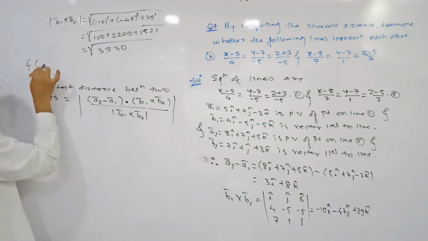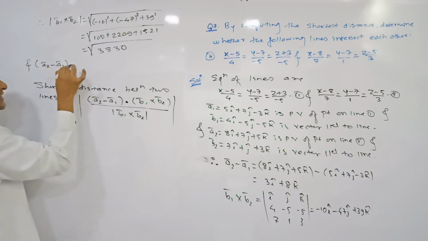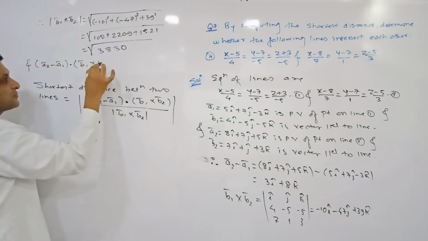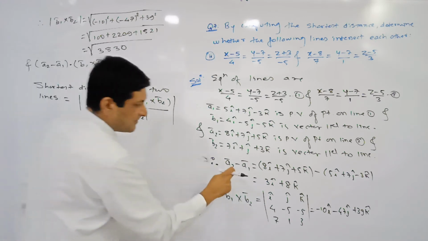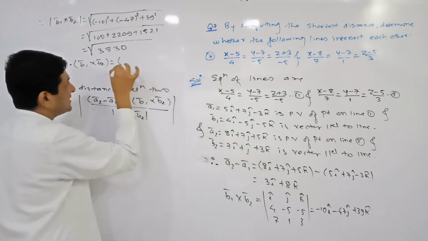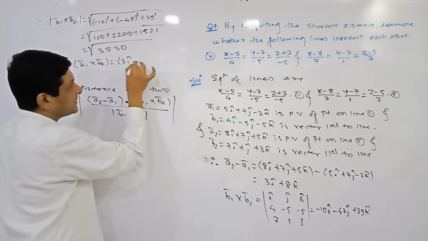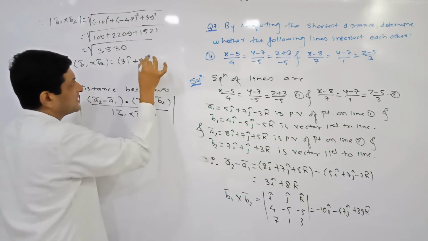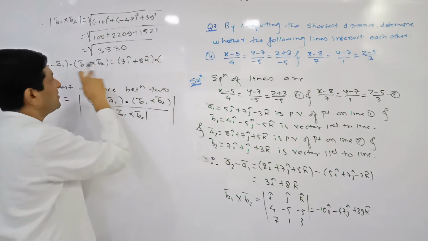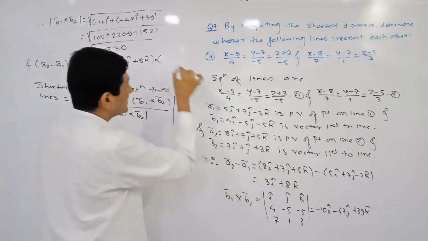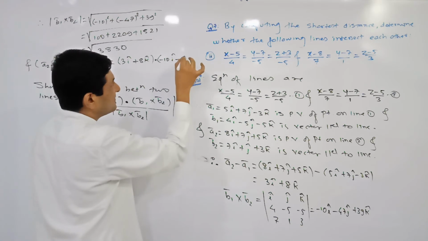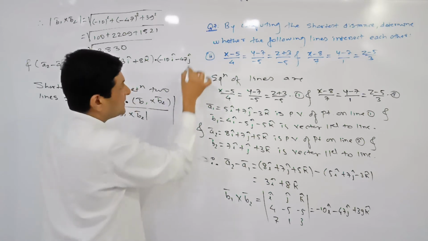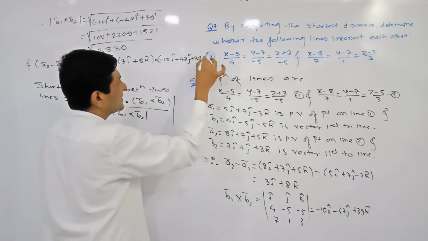So let us try to find the value of this dot product. What is the value of a2 bar minus a1 bar? That is 3i cap plus 8k cap, dot b1 bar cross b2 bar, which is minus 10i cap minus 47j cap plus 39k cap.